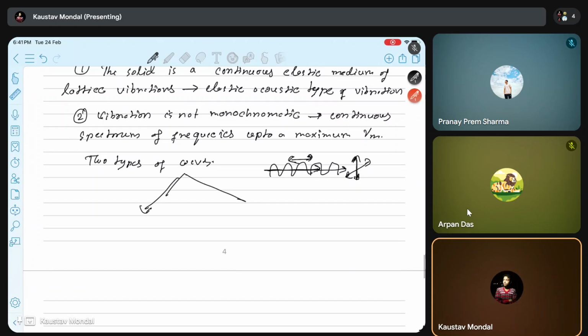So two types of waves: one is the longitudinal and another one is the transverse wave.